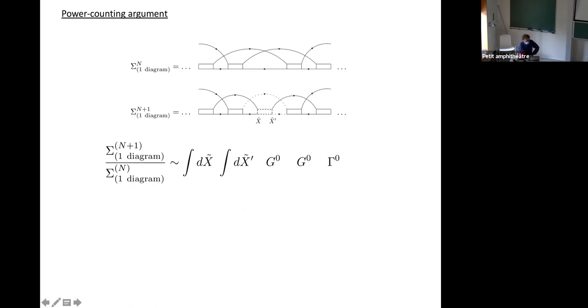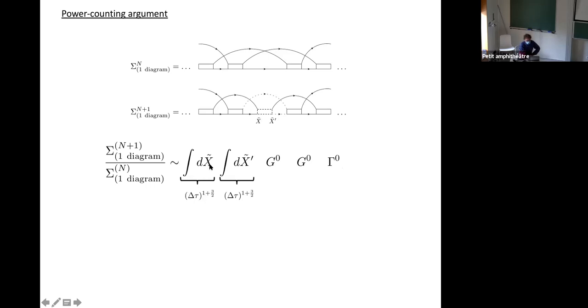So the ratio of these two diagrams involves integration over two extra variables and three propagators. Now, the typical integration volume will be very small because the time difference is small. We have to integrate over imaginary time. This will give a delta tau to the power 1.